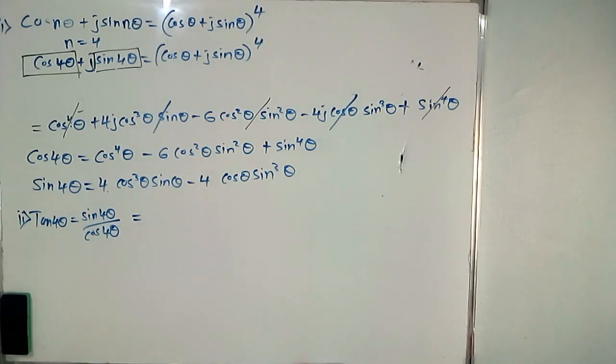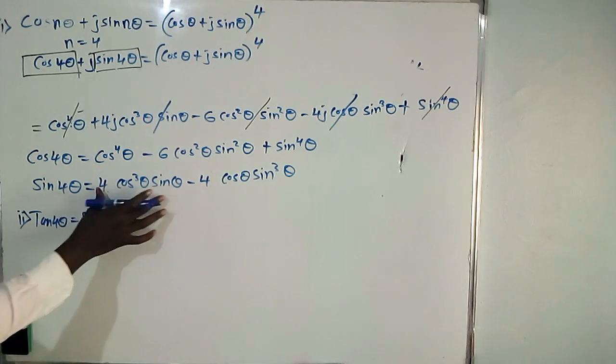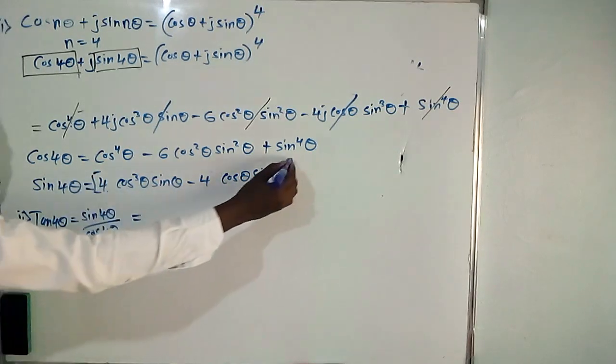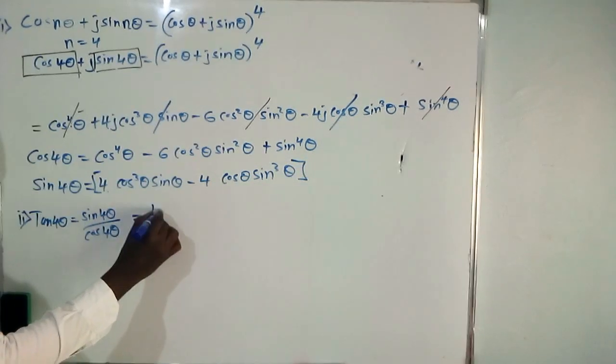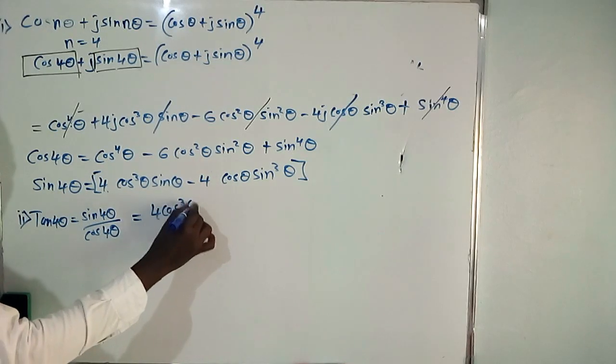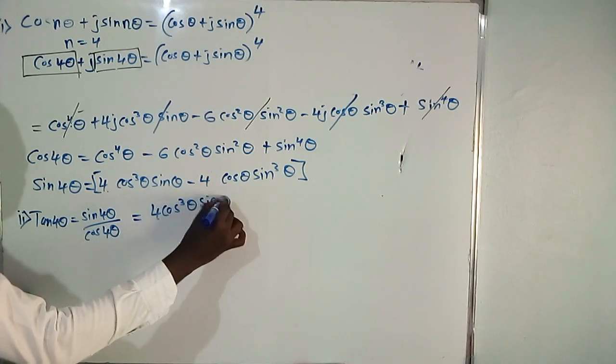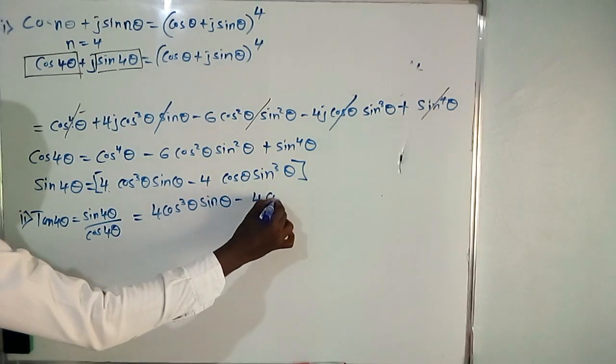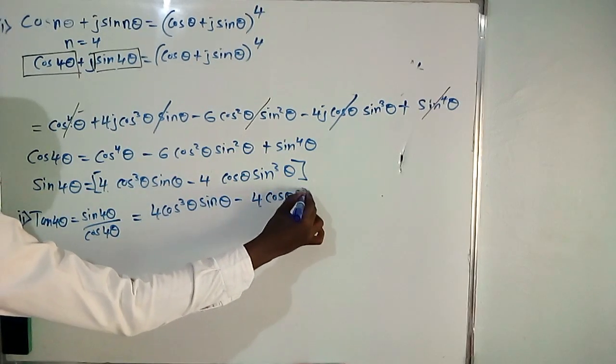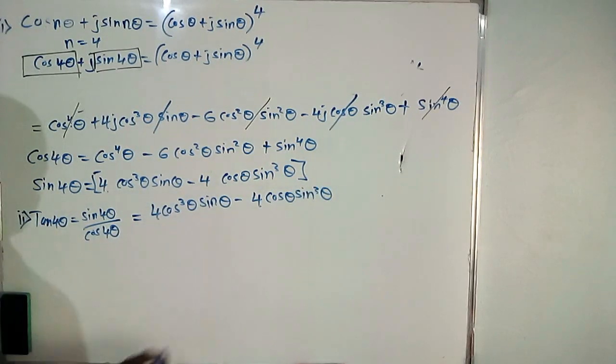So where there is sin 4 theta, we put the value of sin 4 theta, which we found is 4 cos cubed theta sin theta minus 4 cos theta sin cubed theta. That is what we found to be sin 4 theta.